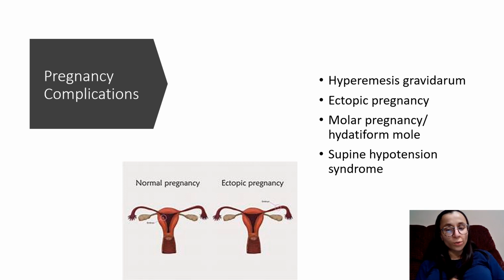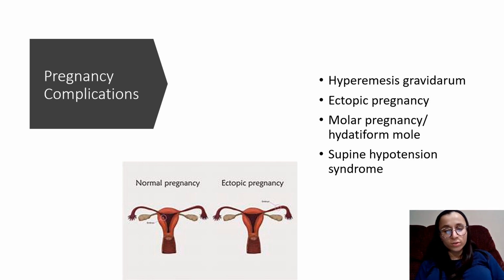Symptoms are lower quadrant abdominal pain on one side and a little bit of vaginal bleeding, or they can even have a palpable mass in that area. The problem is that it could rupture and cause a hemorrhage. So you want to treat it and remove the embryo. It's not viable. It can never become a baby.